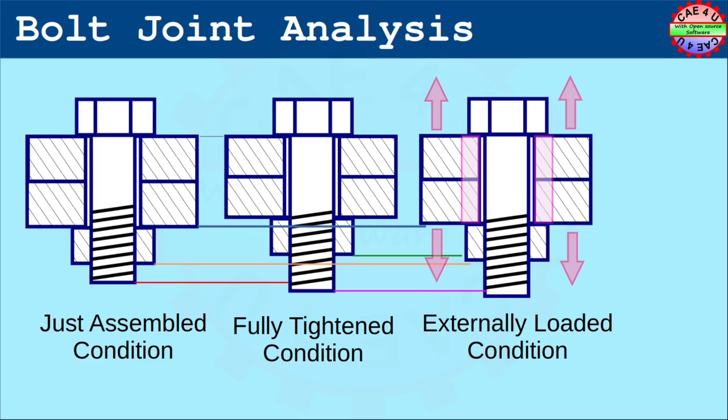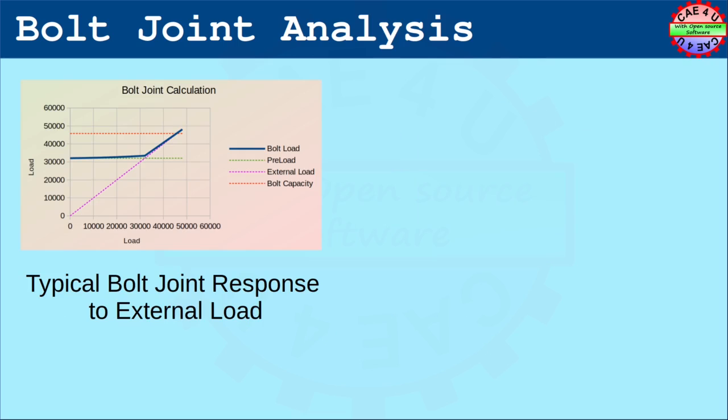As the external load increases, it tends to separate the joint, thereby increasing the tension in the shank further. However, the contact pressure between the joints gets relaxed, that is the contact pressure between the parts that are held together previously.